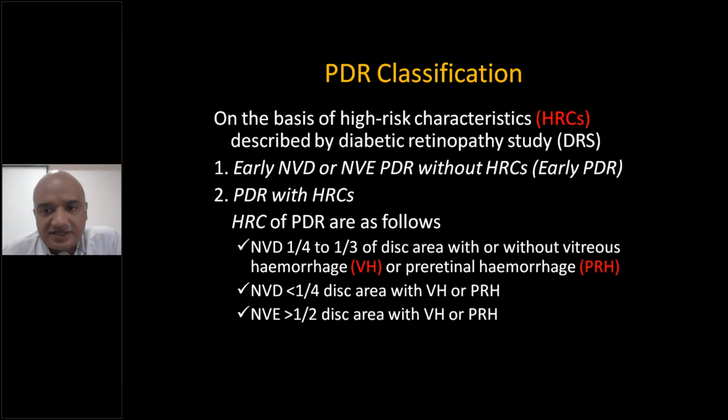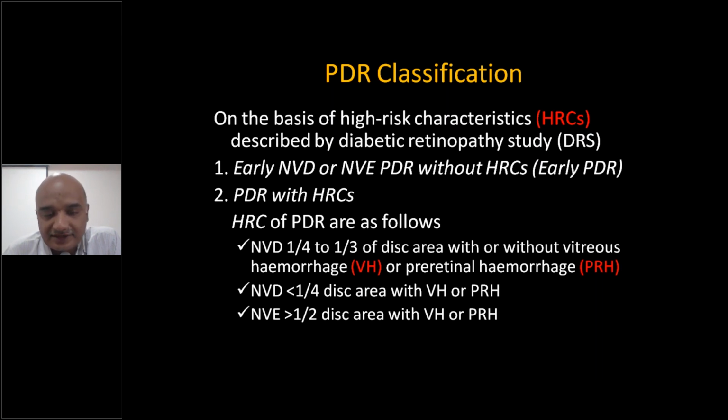Based on the presence of these high risk characteristics, you diagnose the patient to have early PDR or PDR with HRCs. The first stage is if the patient has only NVD or NVE without high risk characteristics, it is early PDR. If the patient has high risk characteristics with the PDR, then it is a very grave condition. You have to act immediately.